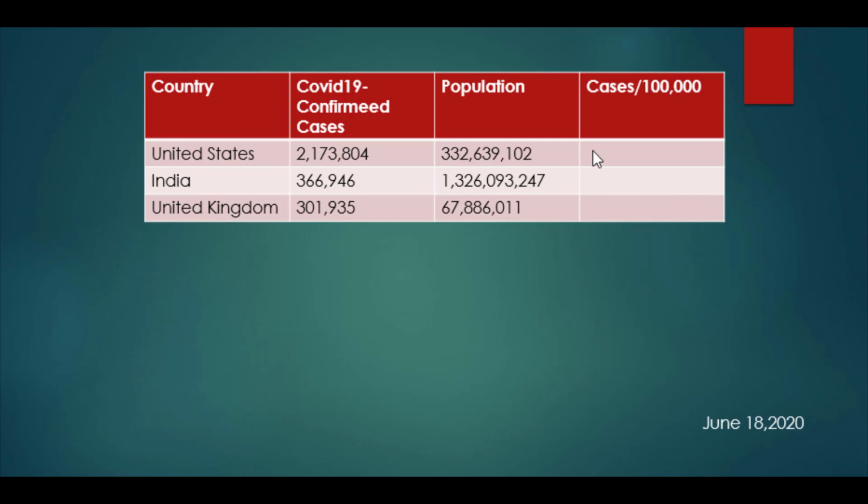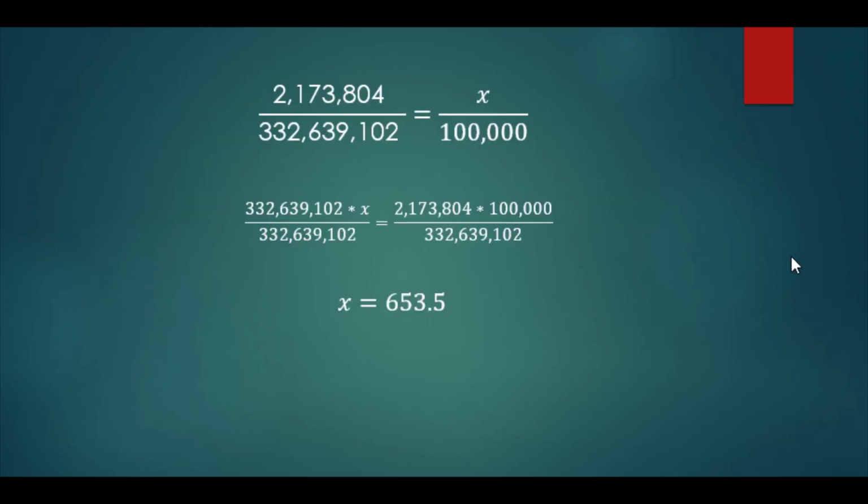And you might ask, how am I going to find these cases per 100,000? And if you recall back to basically equivalent fractions, that's all the math you need to know. So do the United States. That many confirmed cases out of that much population, I'm going to change the ratio.